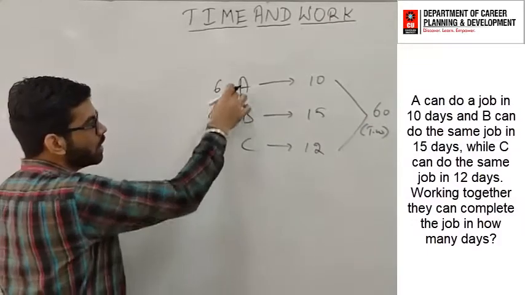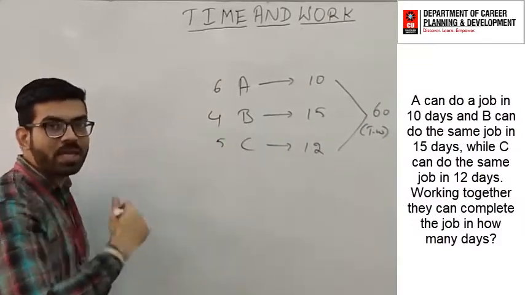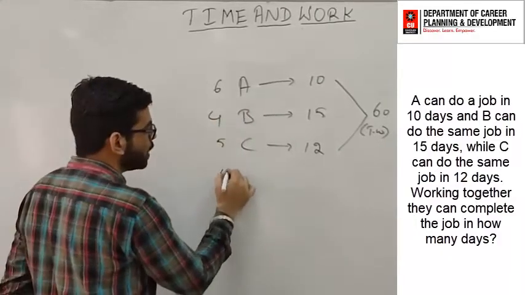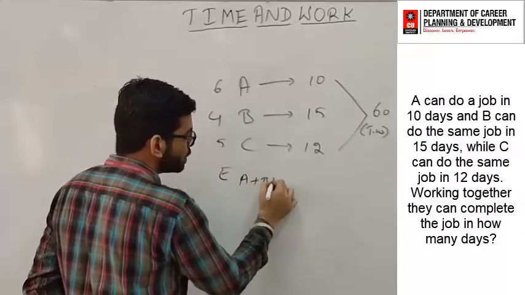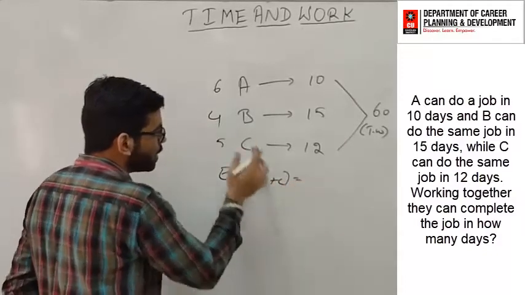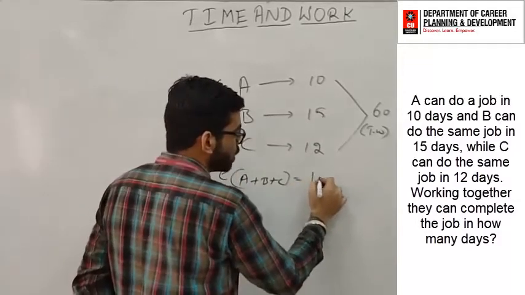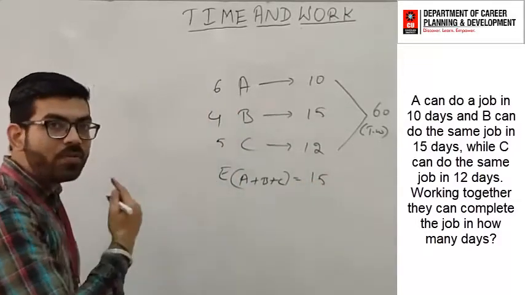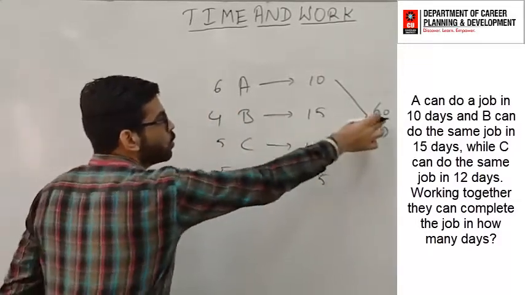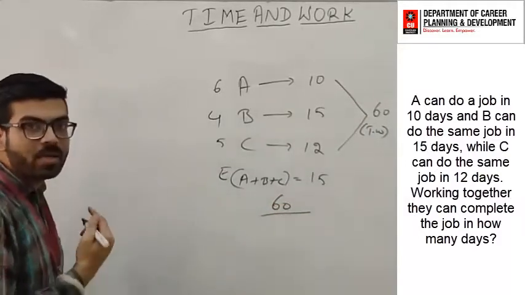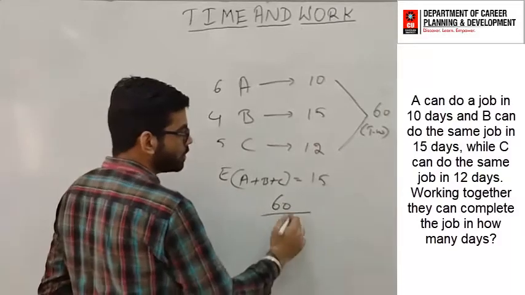Now everyone is working, so you have to take the efficiency of everyone. Their combined efficiency, A plus B plus C, comes out to be 6 plus 4 plus 5, that is 15. Now total work is 60 units divided by the combined efficiency, which is 15.